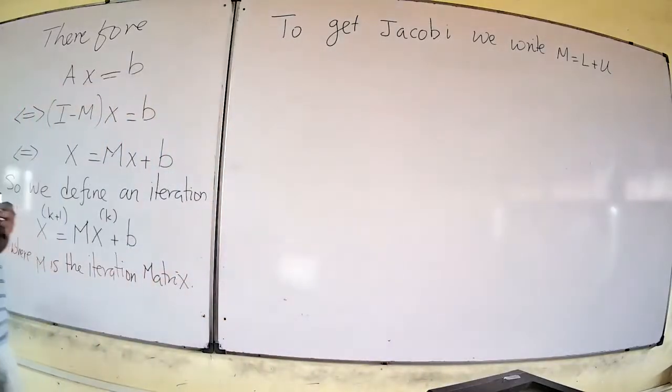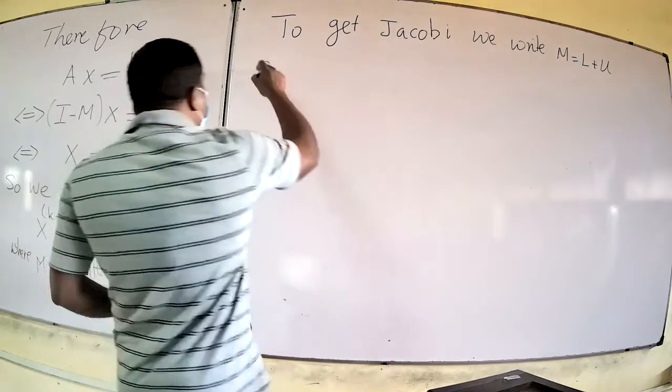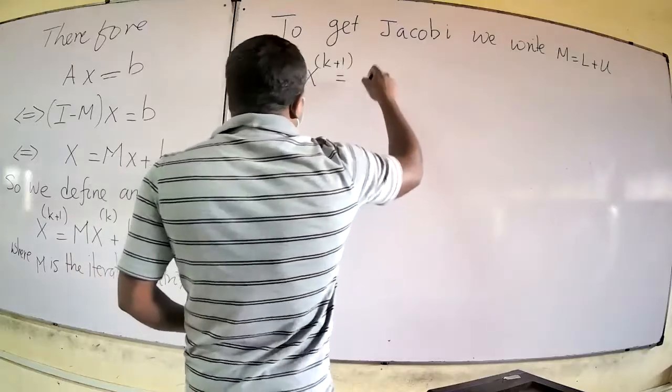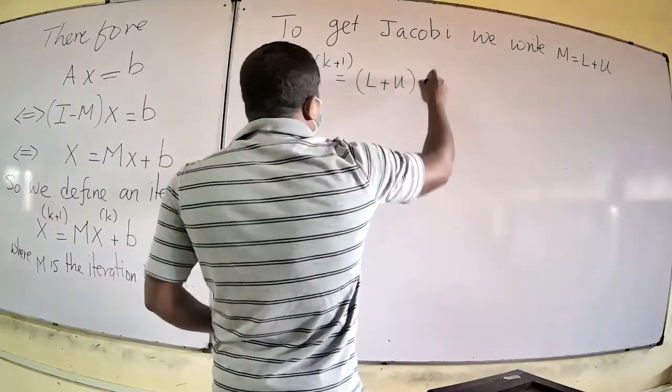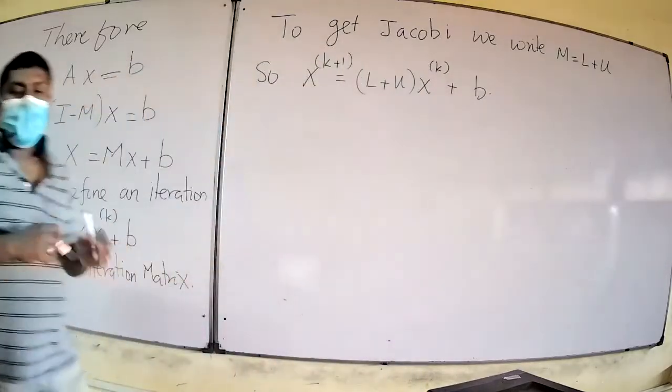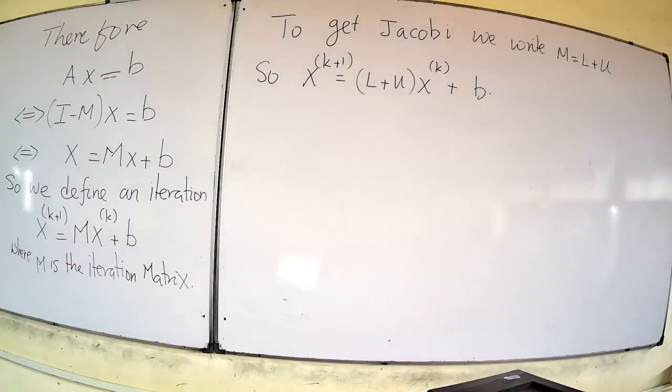To get Jacobi, we write M equal to L plus U, and this is going to be the Jacobi iteration. If you write the element-wise notation for this matrix, x^(k+1) equal to (L plus U) x^k plus b, you will obviously get what we have.